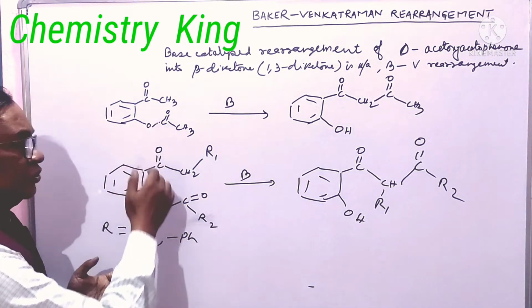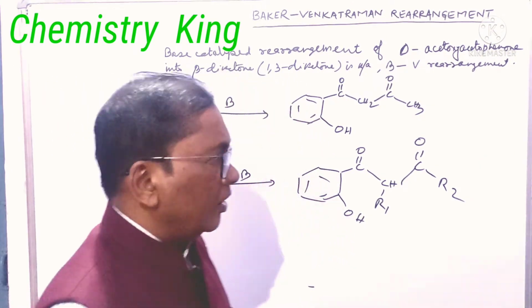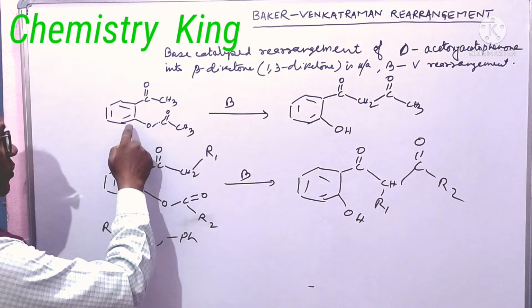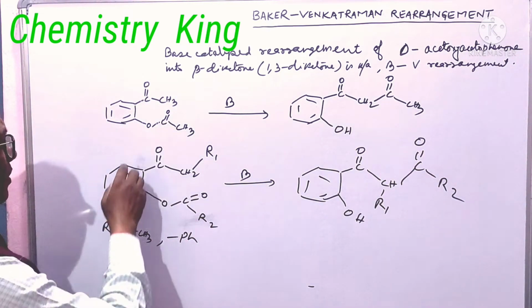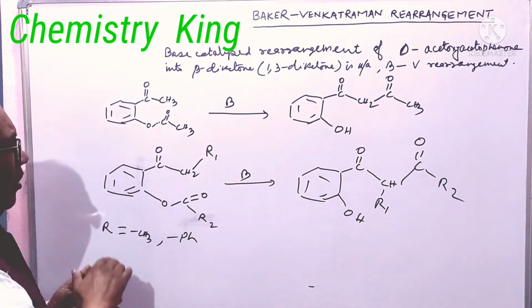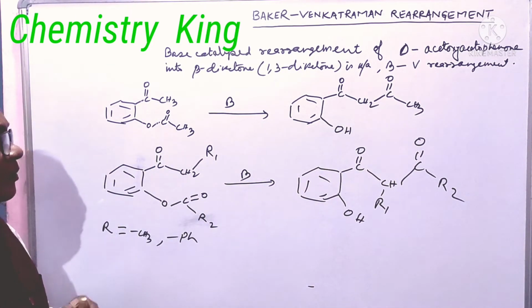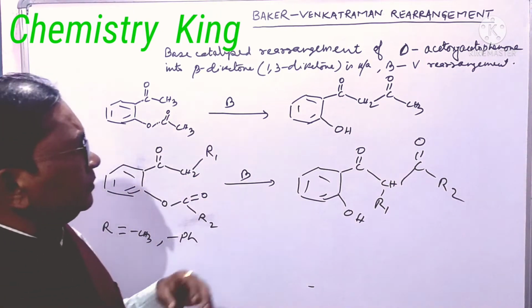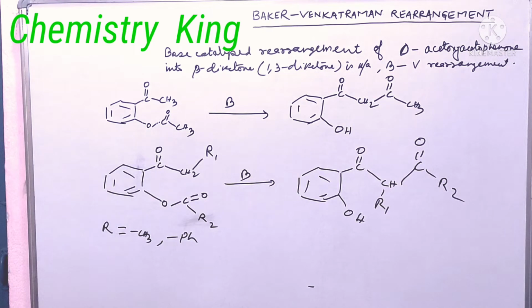Or acetoxy comes from acetic acid. Anyhow, it is ortho position with respect to this keto group. Orthoacetoxy acetophenone, when treated with base, you will get this, that is beta diketone.